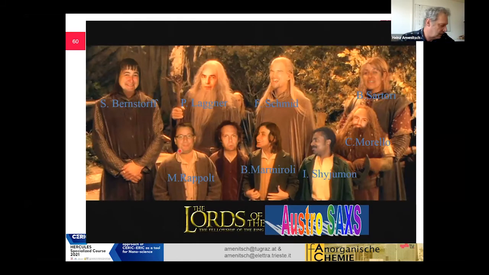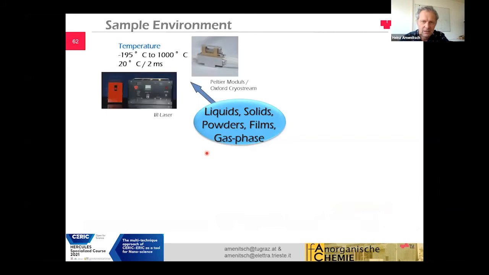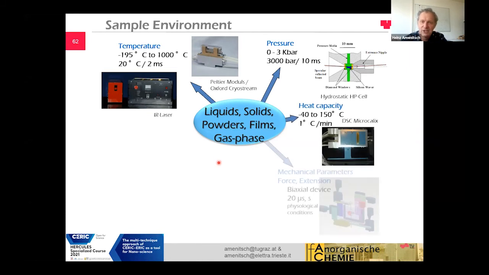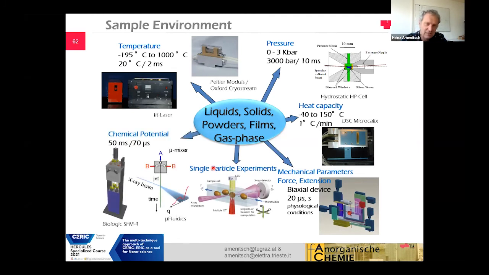I still have 15 minutes to run the second part, and I only want to give you maybe two snapshots. In the second part, why small angle X-ray scattering is very interesting is that you can control the sample conditions very efficiently and very precisely.